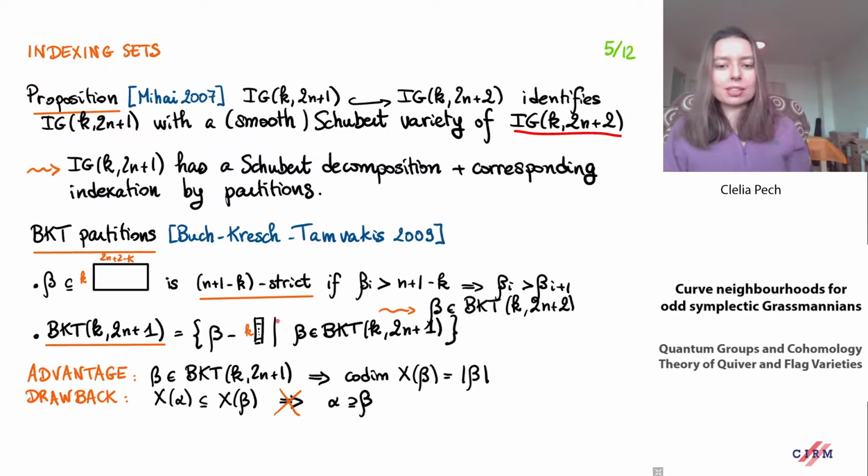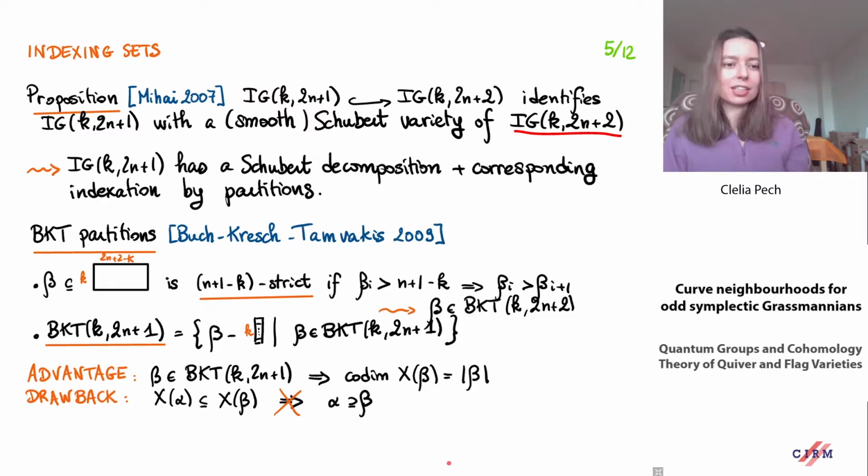The reason I do that is that this k is the codimension, and so I do this shift so that the codimension of the Schubert variety is indicated by the number of boxes in the partition. So that's the one big advantage of these partitions: if I have a partition here, then I can easily read the codimension of the variety just by counting the number of boxes in my partition.